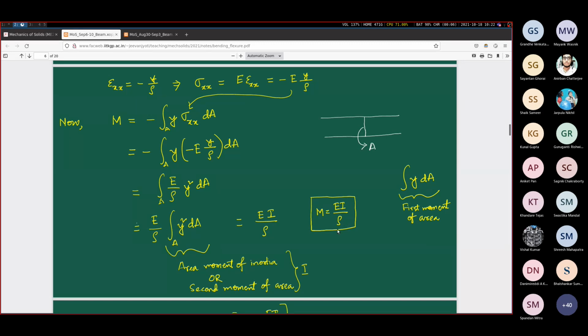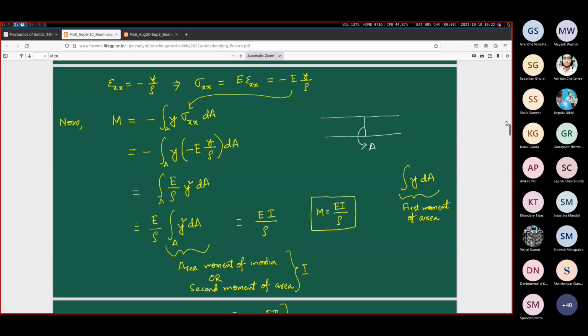Even though we may not have directly used this formula except for a couple of problems in the tutorial sheet, it has been at the basis of many of the later formulas that we have derived. E is the Young's modulus, I is the second moment of area, M is the bending moment at any particular cut section of the beam, and rho is the radius of curvature.